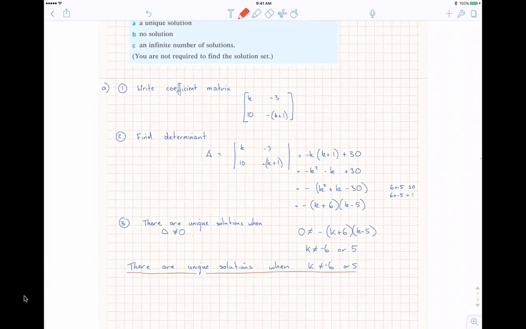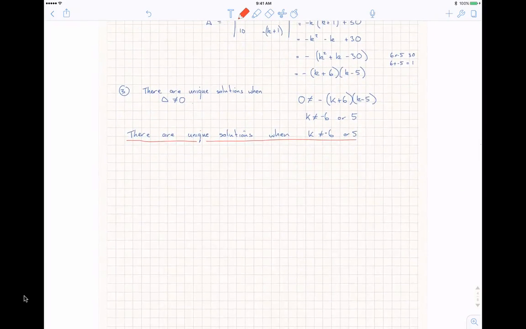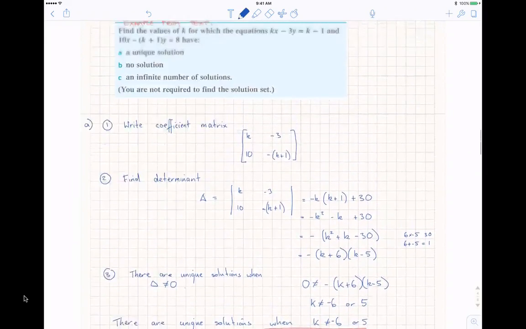Now we've got to find out when there are no solutions and when there are an infinite number of solutions. So let's substitute in when k equals minus 6.